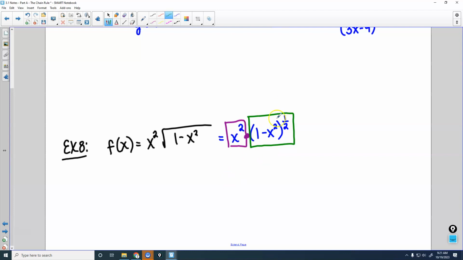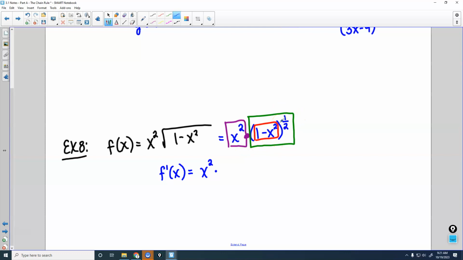But within this green box, you have to use the chain rule because you've got an inside piece right here. So you are doing product rule, which means you need to do f of x, which is just our x squared, times the derivative of g of x.